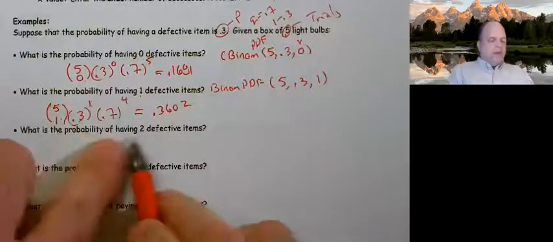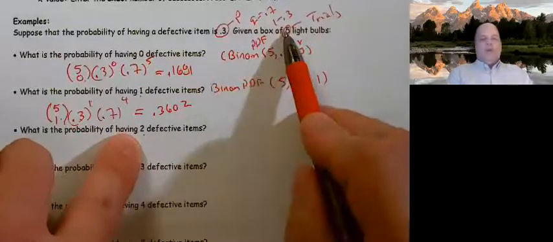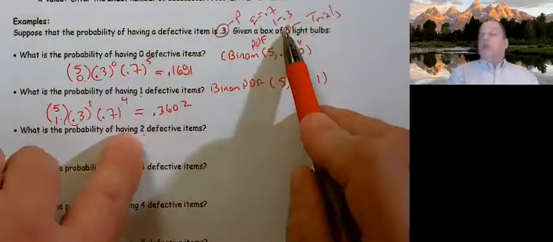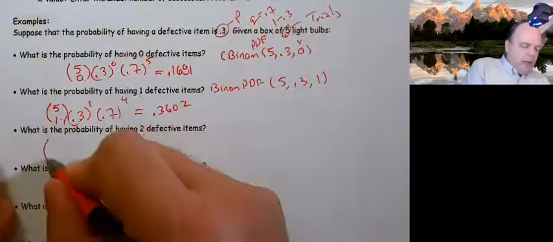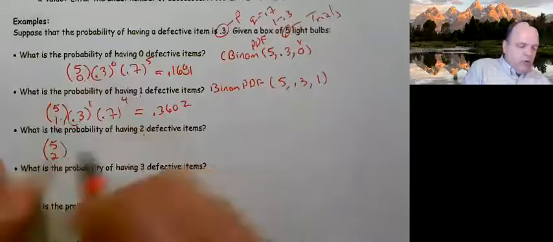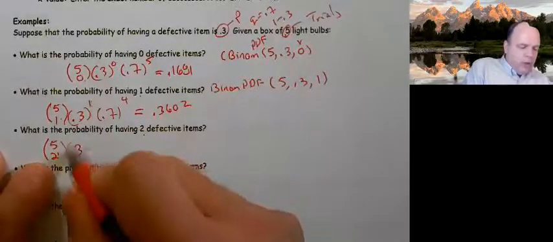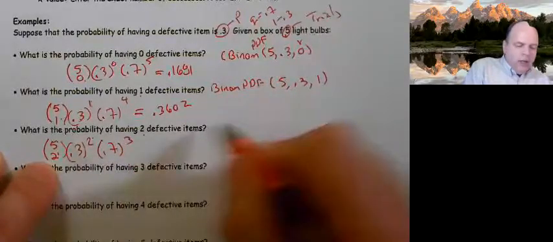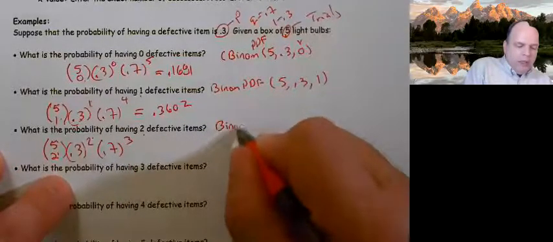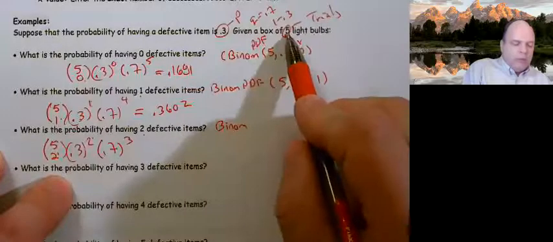So what's the probability of having 2 defects? Once again, we have a specific number of trials. Specific number of trials makes it a binomial. Please don't forget that. So 5 choose 2 successes. 0.3 squared, 0.7, 5 minus 2 is 3. We knew it was a binomial because of the specific number of trials.